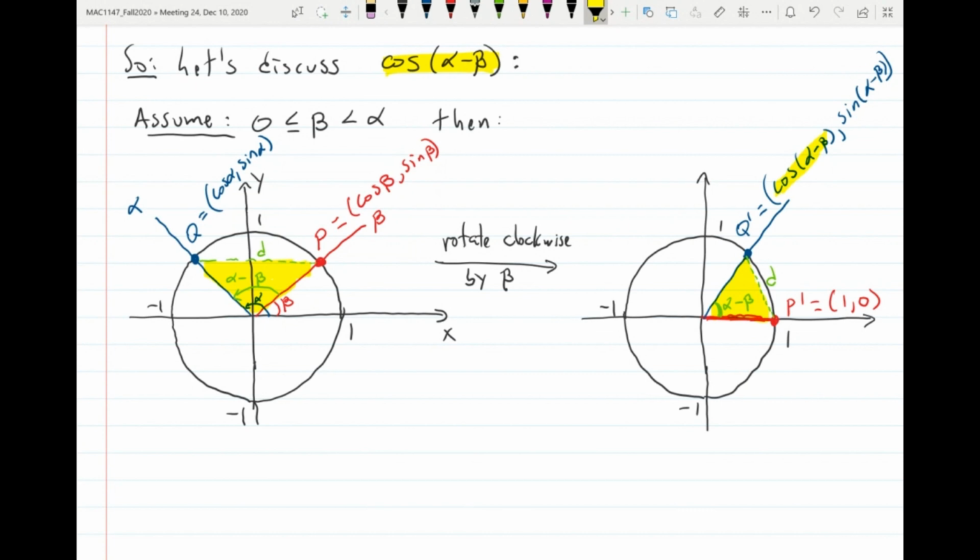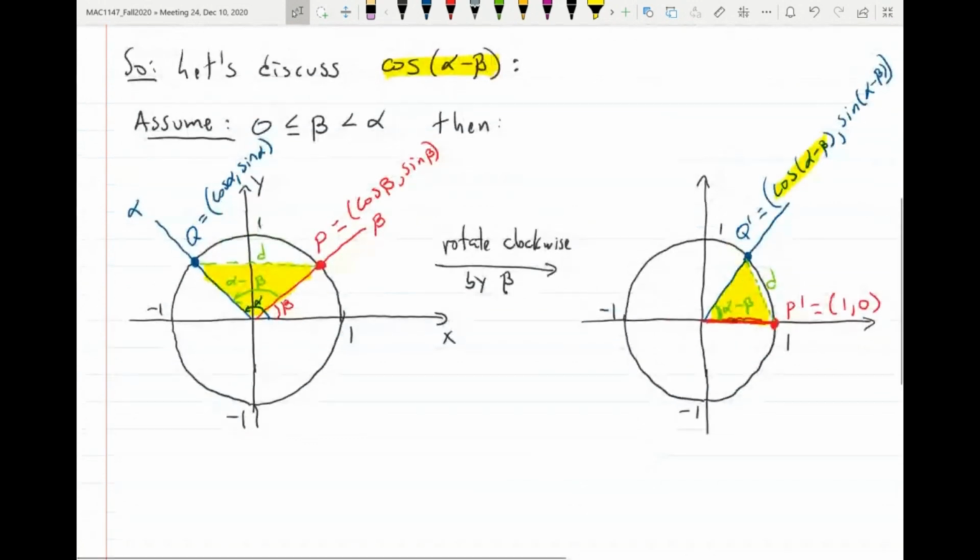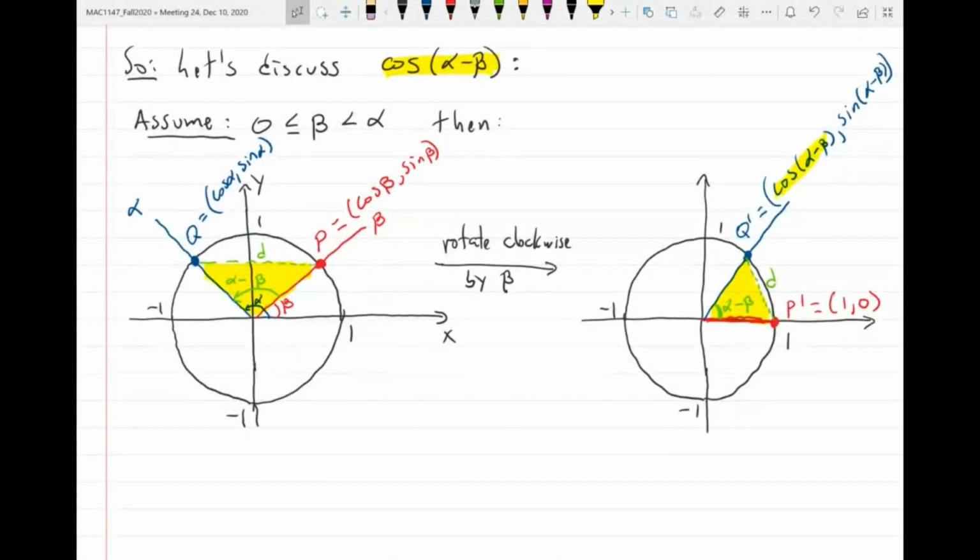Okay, now let's do some algebra. This is the geometry, now let's do some algebra. What do these two pictures have in common? So we have the angle alpha minus beta, yes? What else do the two pictures have in common? The length of the sides.